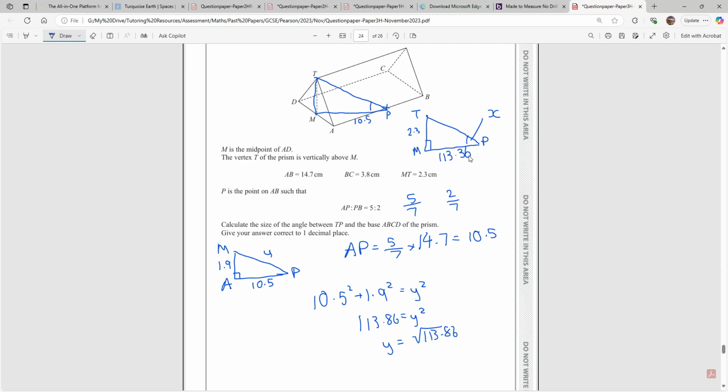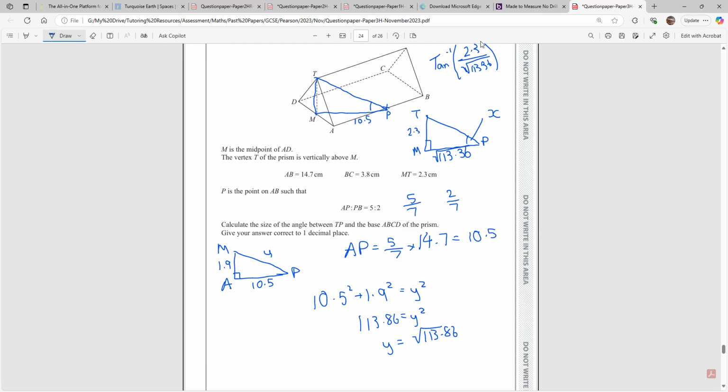Now we've got two sides and we've got a right angle triangle. We can use some SOHCAHTOA. So if we look at what we've got, 2.3 and the square root of 113.86. We've not got the hypotenuse, so that's going to be tan. So it's going to be tan minus 1 because we're finding an angle. Opposite over the adjacent, 2.3 over the square root of 113.86.